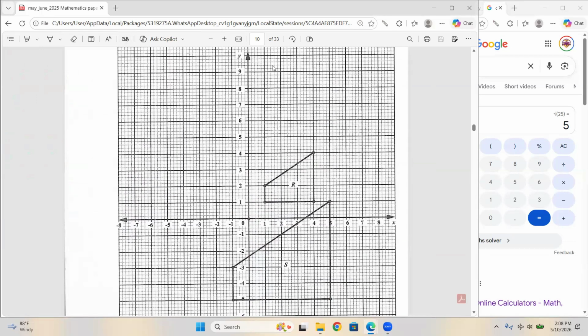Since R is the original object, I'll put here as A, and that same point in its image will be A prime. Here will be B, and B prime in the other one. This would be C, and C prime down here. Here will be D, and D prime. Labeling the vertices makes it easier to explain.